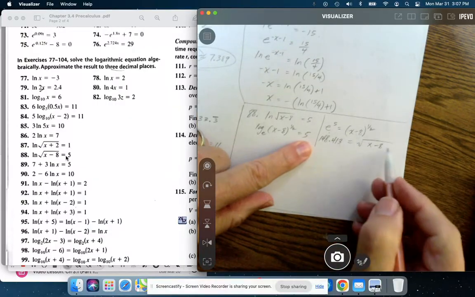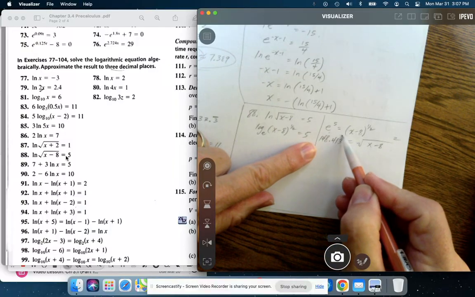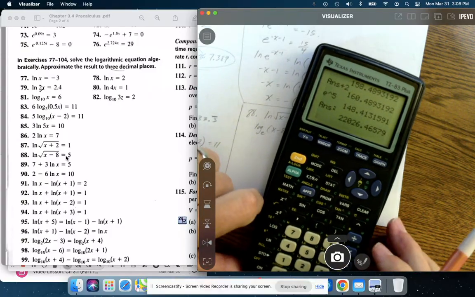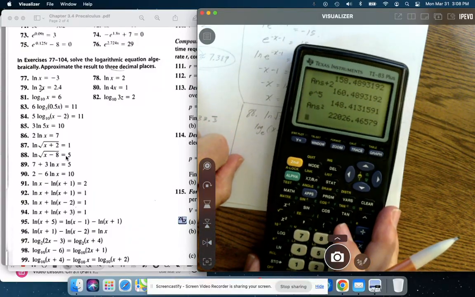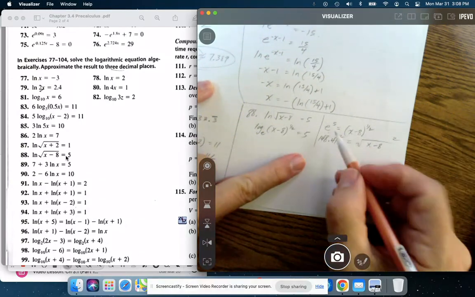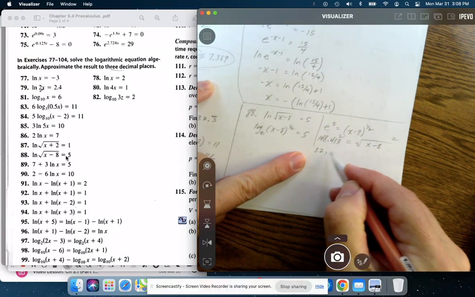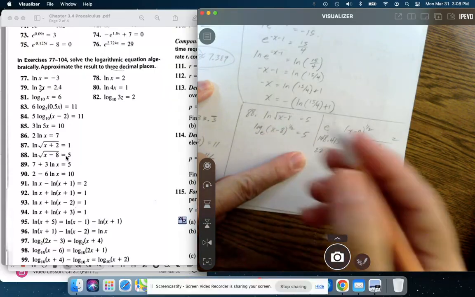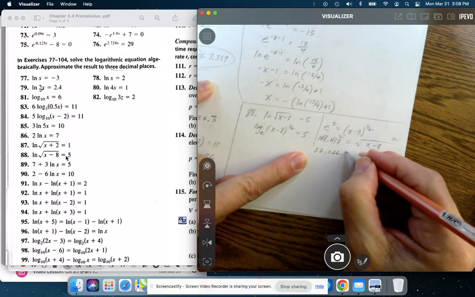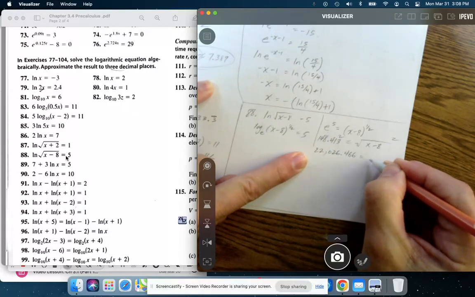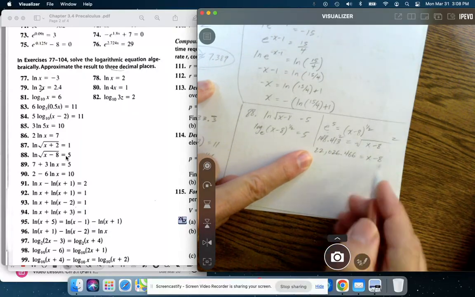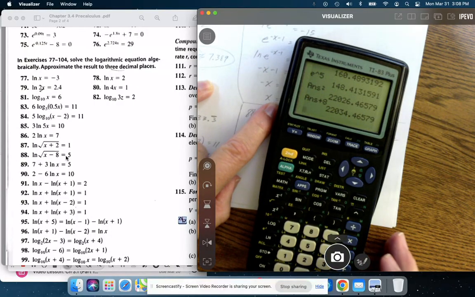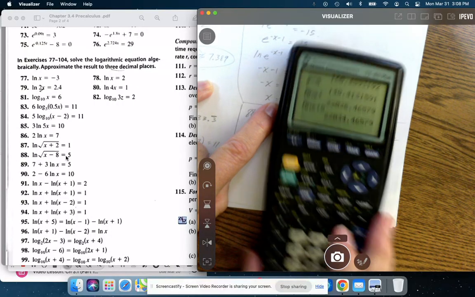So now I could square both sides to get rid of that square root. If I square this side, I'll get a very big number, 22,026.466 equals x minus 8. And then we'll just add 8. And I get 22,034.